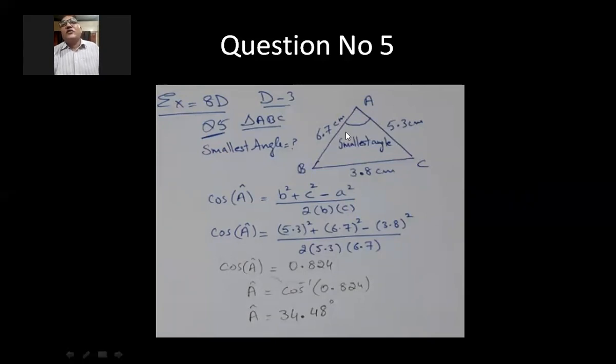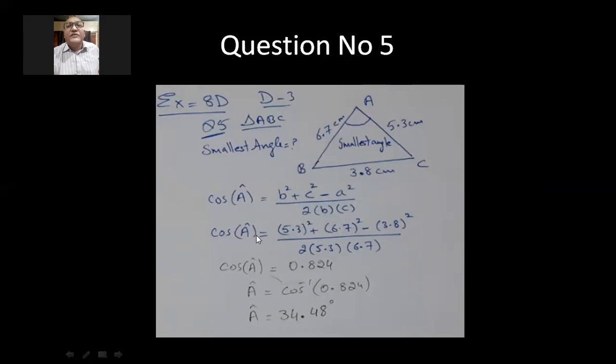So I want to find the angle A. So cos of A is equal to B square plus C square minus A square divided by 2 into B into C. Here I wrote C square by mistake, but there is no mistake.